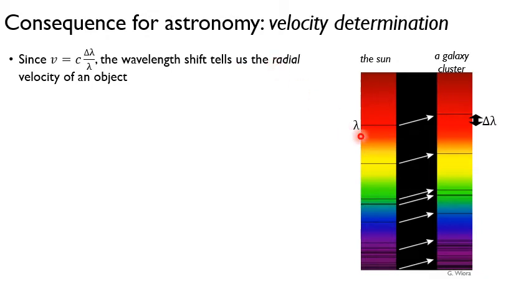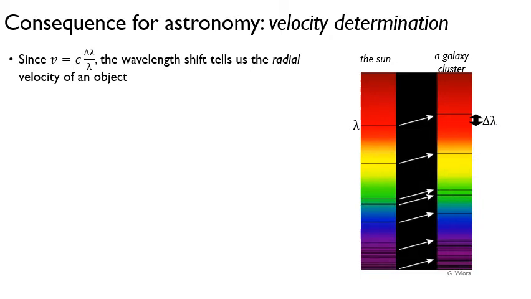So, for instance, let's take an example here. This is an absorption spectrum. The sun is not really moving radially from us. We move a little bit towards and away from it, but not very much, so this is pretty much fixed. You can take a look at a distant galaxy, and you see this absorption pattern looks the same, but is shifted in the red direction.